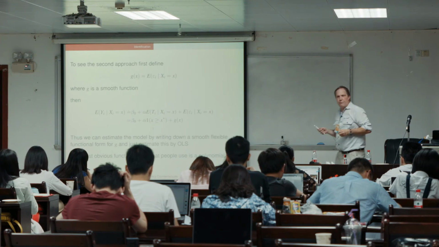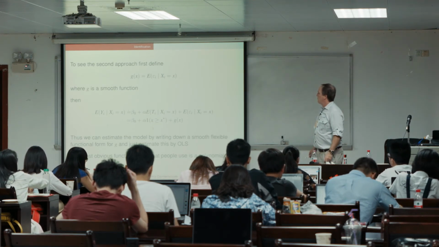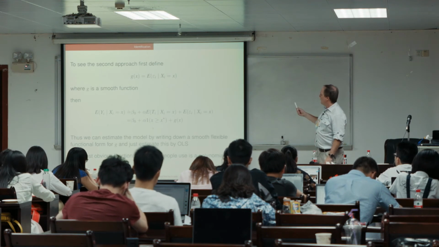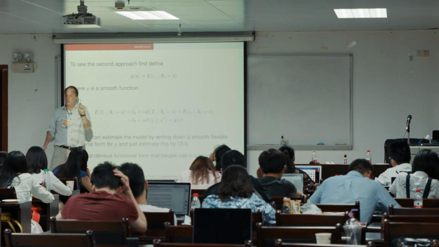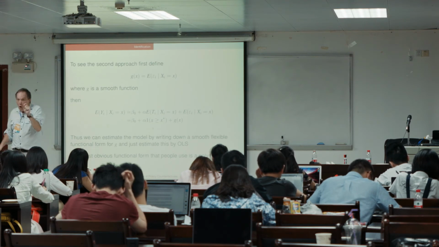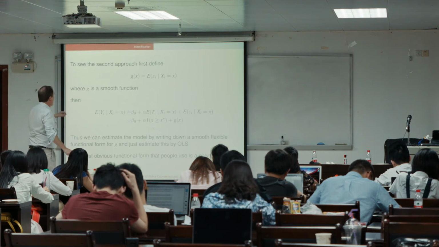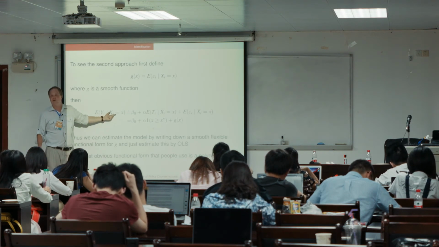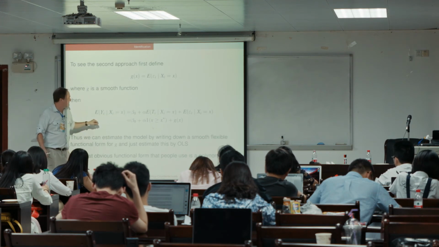But there's another way to implement it, which in some ways is more straightforward and is just as legitimate a way of implementing it. So to see the second approach, just let me define g of x to be the expected value of x conditional on x. Okay, we know g of x is smooth. So this is something that I know about g of x. And then just think about the expected value of y conditional on x. We're in the sharp case.